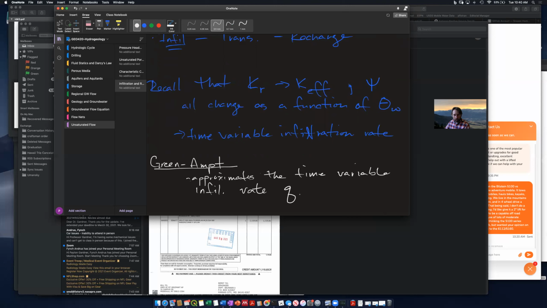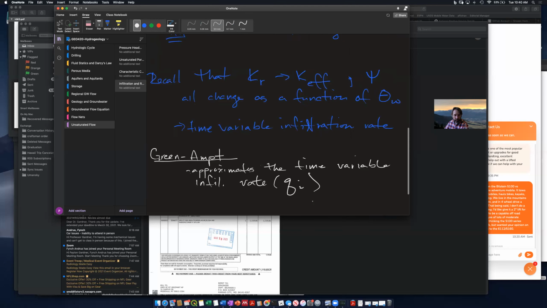Here we'll call it q sub i, for the infiltration flux.